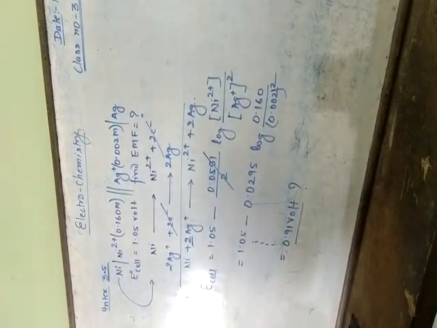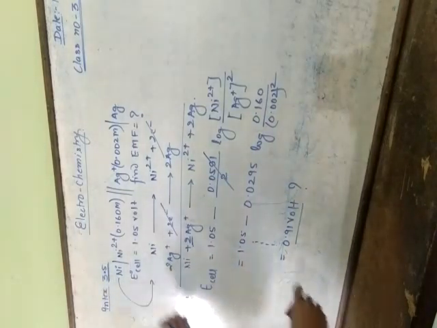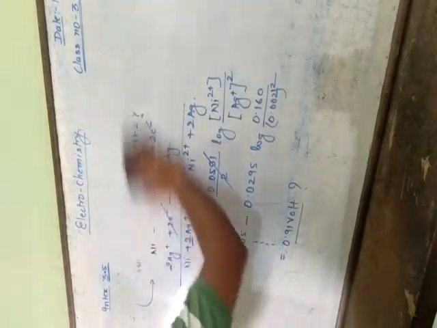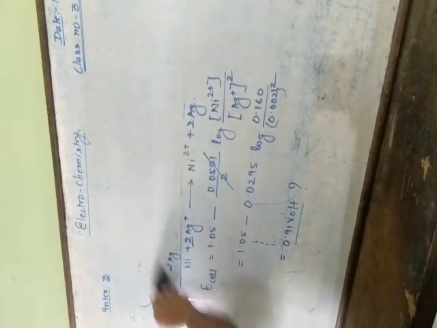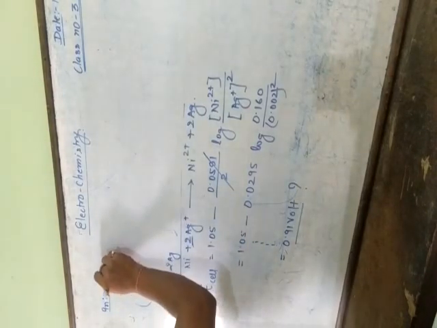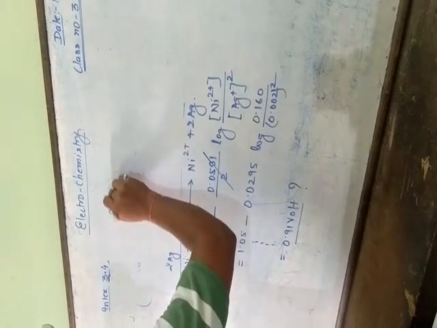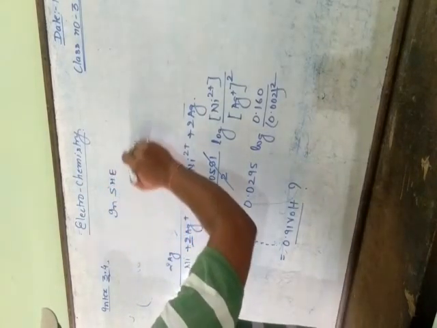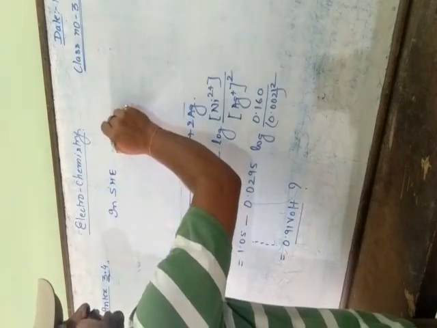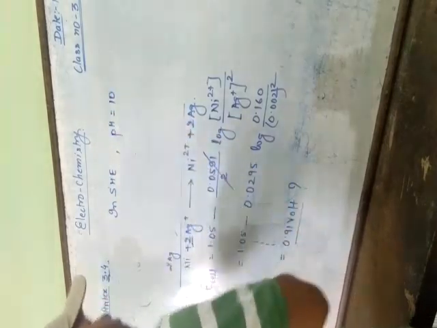To solve the equation, students, now we discuss Intext 3.4. In Intext 3.4, students, in SHE its pH is given as 10.